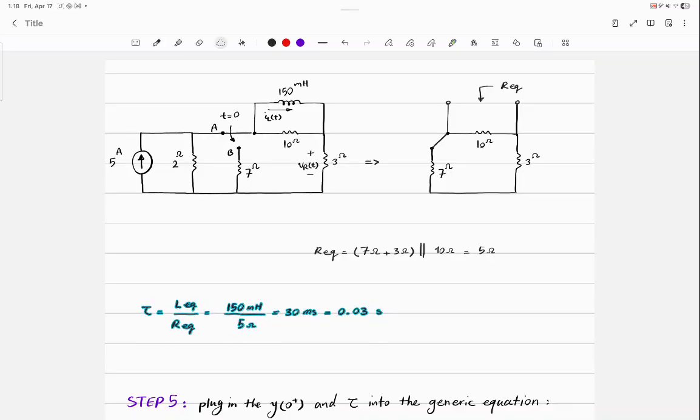Sometimes I may find 1 over tau as well because that makes my next step calculation a little easier. 100 over 3, which is 33.3 second inverse.